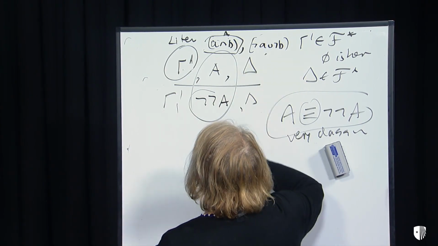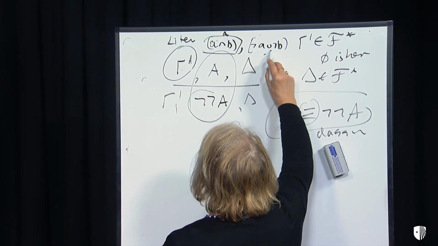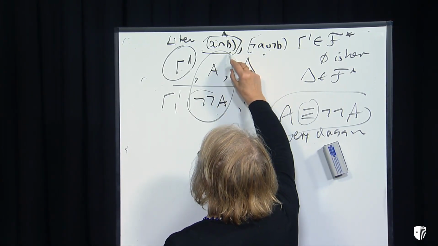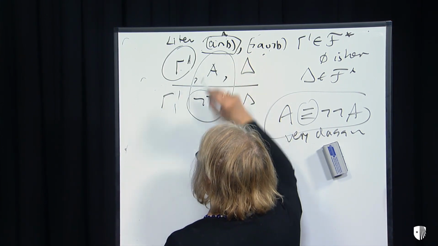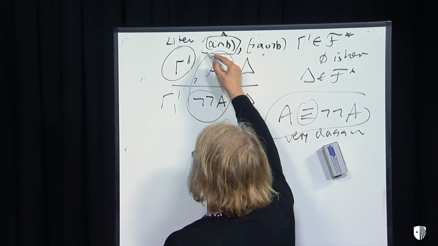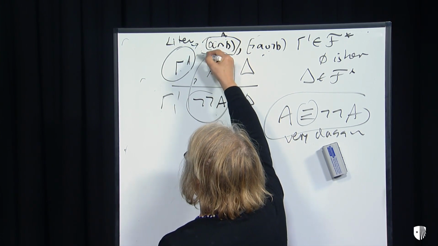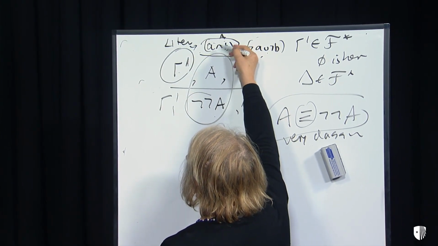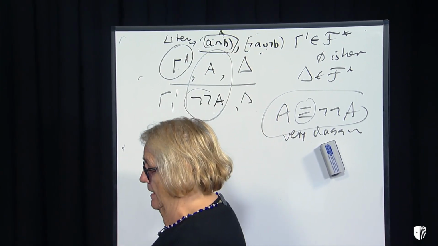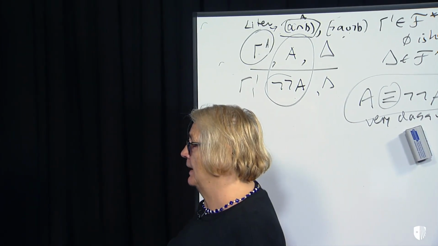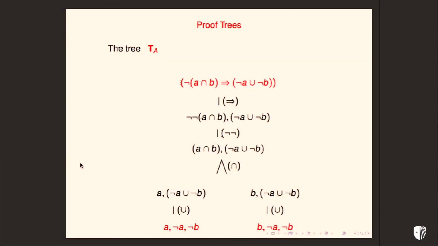I cannot apply double negation to this, because this is not gamma prime. So I can only apply it to the first on the left. That's why you can apply conjunction only here and double negation only to this formula.